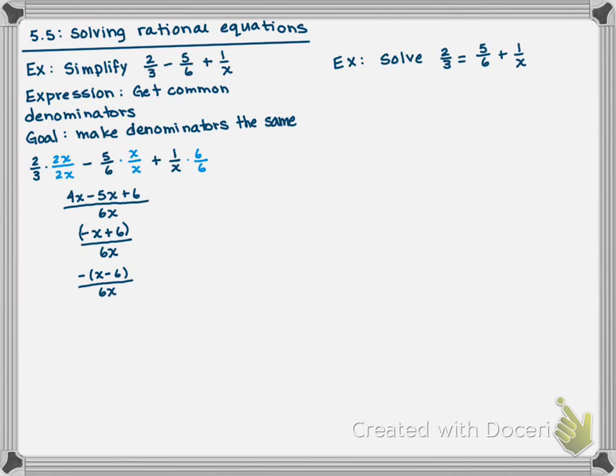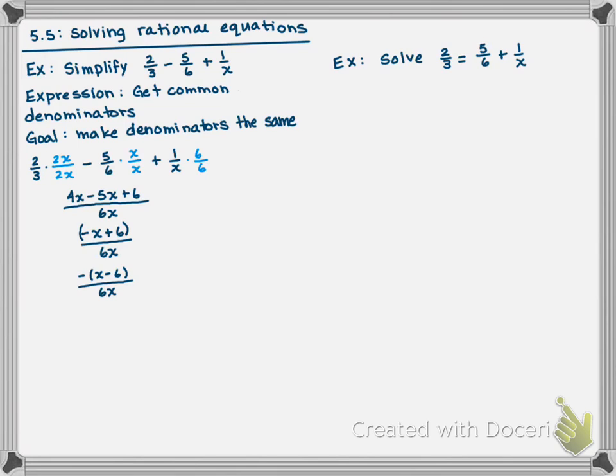So when I look at negative x plus 6, I know there's not going to be something to cancel in the denominator because there's no addition or subtraction. So it's impossible for me to cancel something with addition and subtraction in it with something that doesn't have it. So that's the only reason I didn't go through the process of factoring the numerator. But yeah, that would be totally acceptable either way.